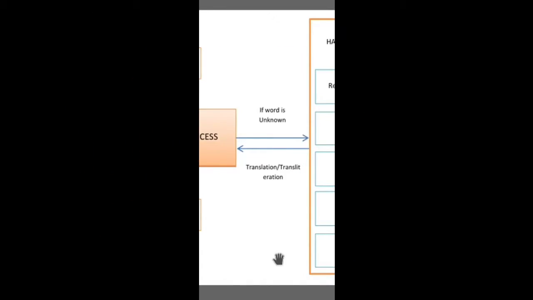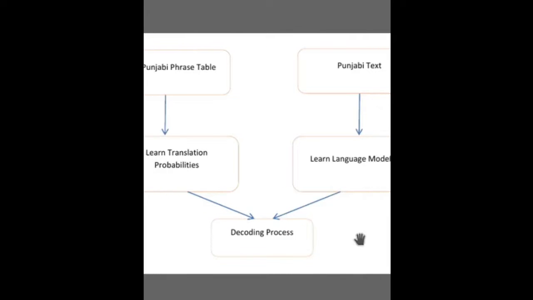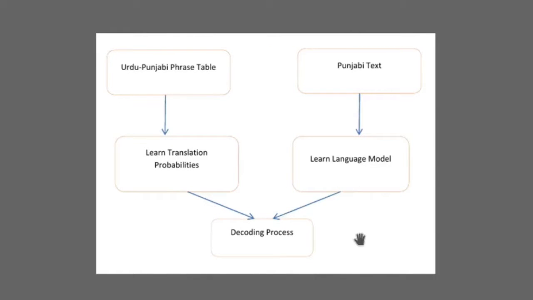For the translation model, we are not using any predefined tools. As we know, the Punjabi and Urdu languages are closely related. Both languages share the identical grammatical structure as well as the same word order. To learn the translation model, we have manually mapped phrases in place of IBM models.